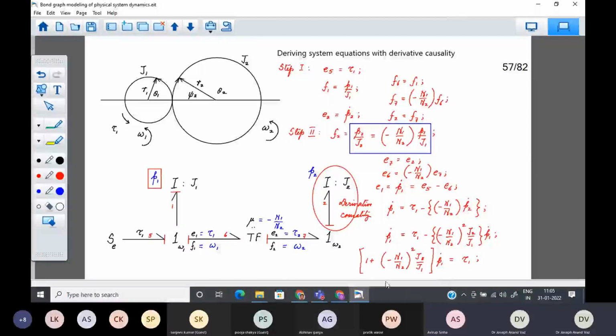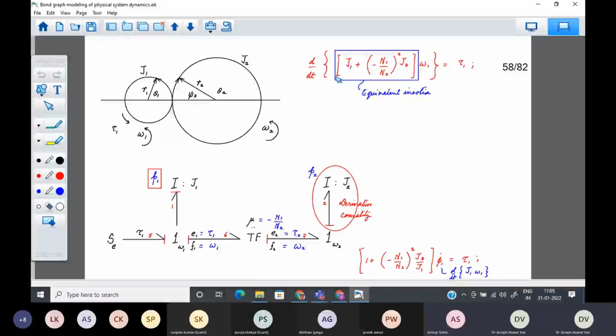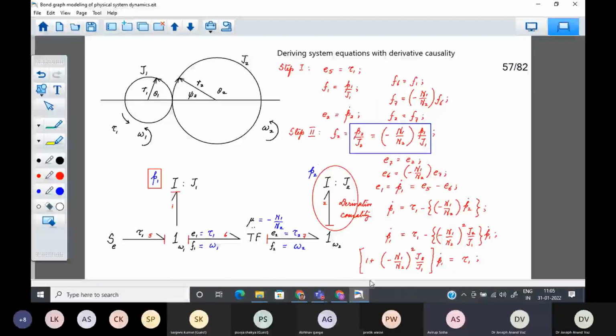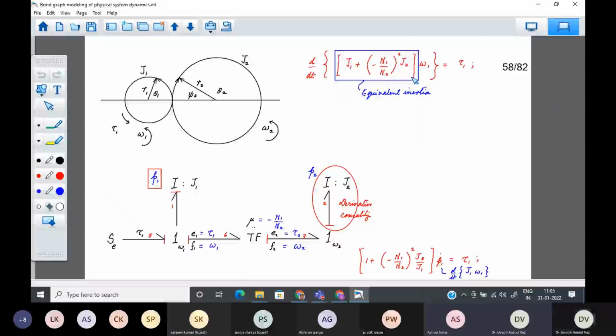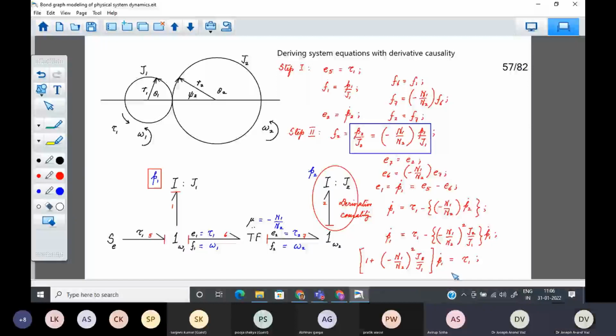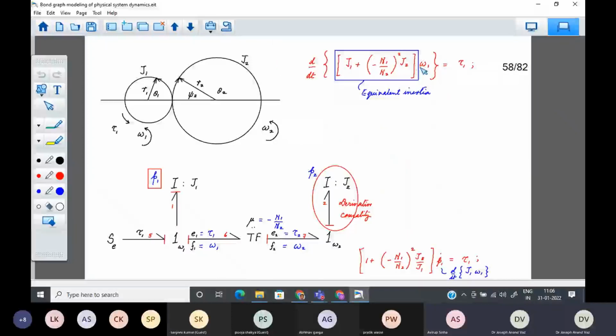Now you can write this left hand side as a total derivative also. If you write it as a total derivative, you can see that this part in this bracket is constant, and this is rate of change of the angular momentum. So this is rate of change of angular momentum of 1. So here you will have J1 into omega 1.